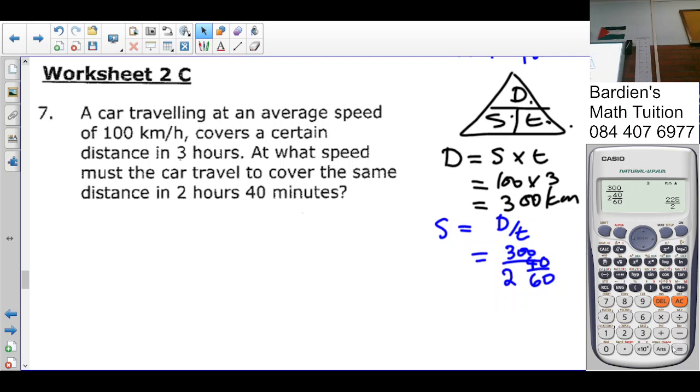Now some of you type this wrong in the calculator. What I would rather suggest you do is, instead of breaking fraction over fraction like that, you say 300 must be divided by, we must know this is a divide line here. 300 divided by, then we put the mixed fraction in. 2 and 40 over 60.